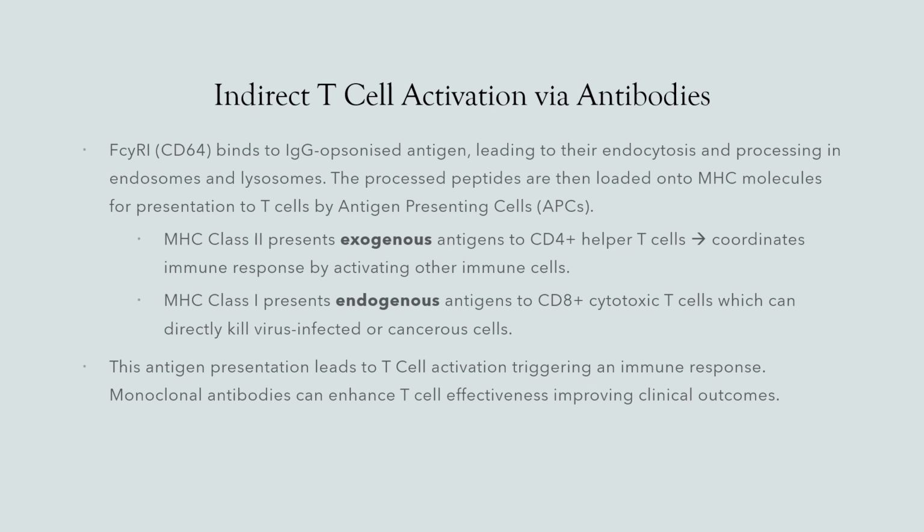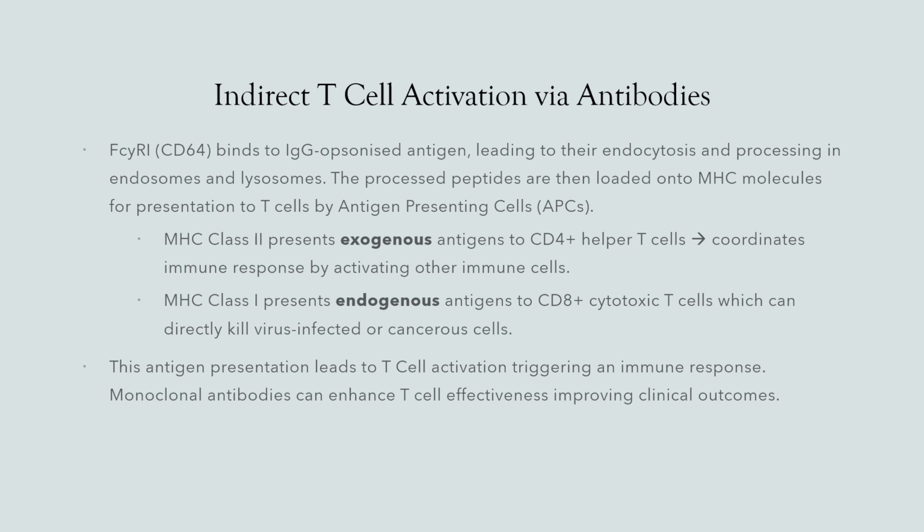Now, I was looking at dendritic cells, and they can do what I think is called cross presentation, where they can present class 2 for exogenous antigens, but they can also do class 1 for endogenous antigens. Major histocompatibility class 2 presents exogenous antigens to CD4 plus helper T cells.